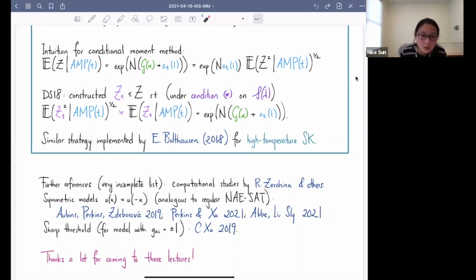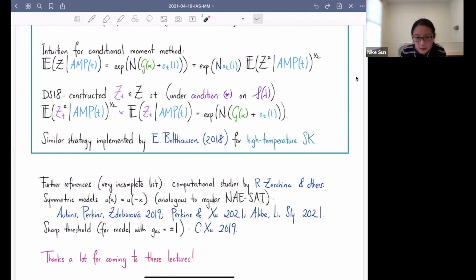And then more recently, there were studies of symmetric models where u of x is equal to u of minus x. In the same way that the model I described is analogous to the random SAT model, a model where this occurs is analogous to the regular not-all-equal SAT model. There have been papers about the threshold in this model and about the structure of the solution space of this model.